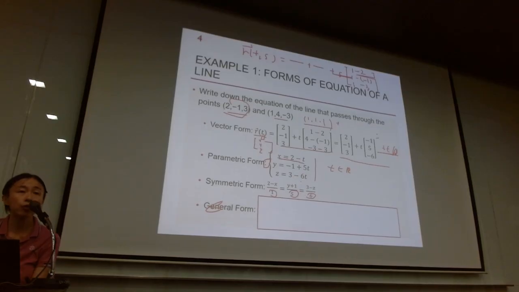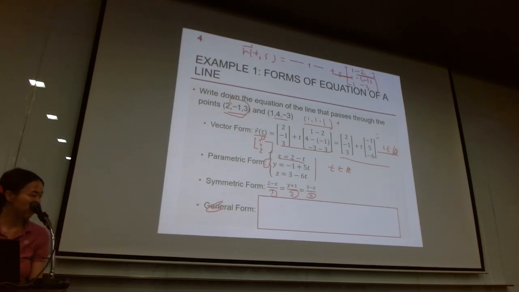Then, based on this, we have the general form. The general form is actually easy, but be careful. I need 2 general forms, because if I write one equation, what can I reduce?